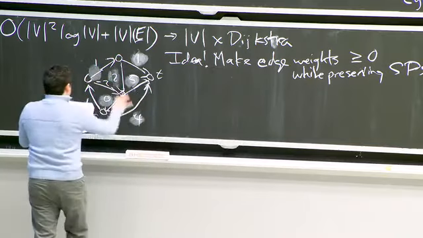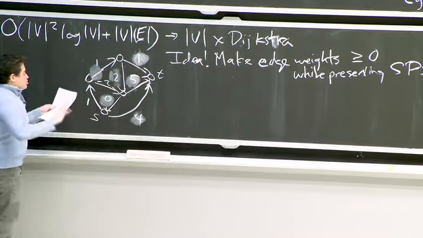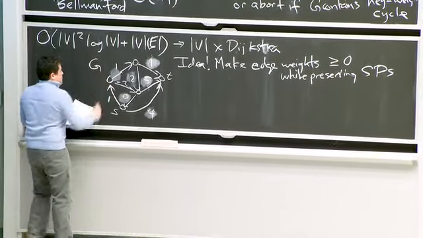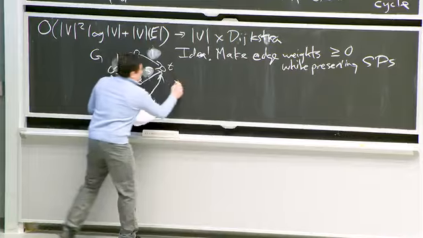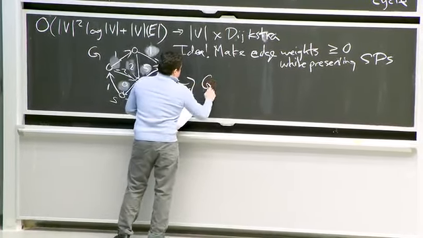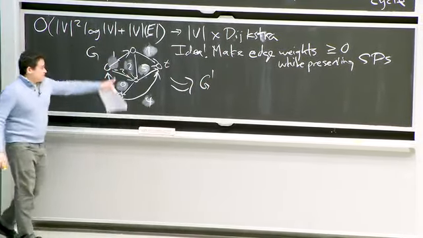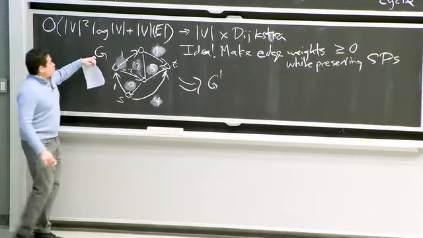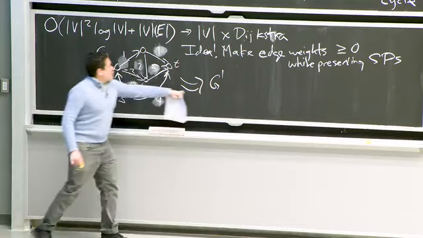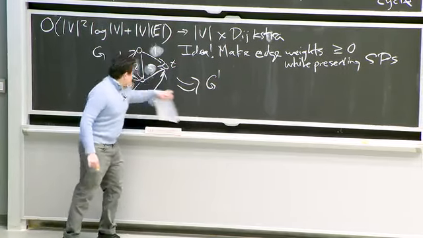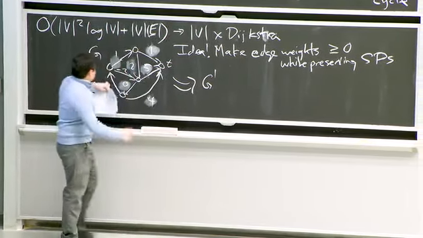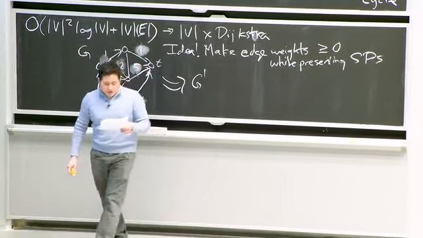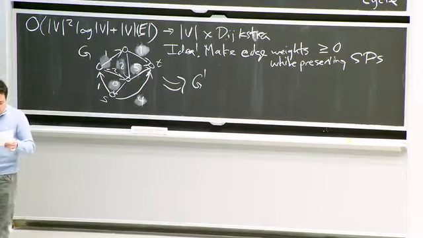In other words, just reweight the edges here so that shortest paths in G, this is G, after we reweight, we'll go to some graph G prime with the same combinatorial structure, just different edge weights, and we want these weights to all be non-negative, and we want that if there's a shortest path in G, it continues to be a shortest path in the reweighted graph. That's the goal for today.